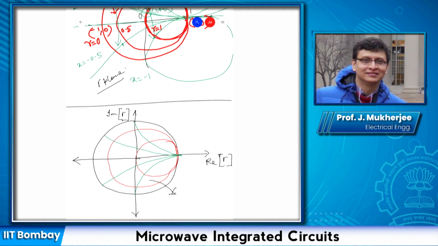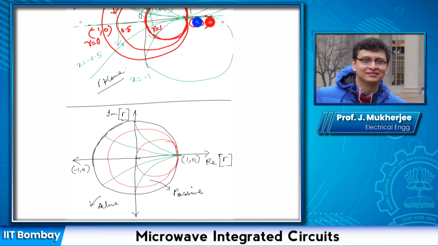The boundary of this outer circle is the boundary. Again, on the gamma plane, this point corresponds to minus 1, 0. This point corresponds to 1, 0. So all points within this unit circle, I shall be calling this circle the unit circle, correspond to passive impedances, and all points outside this circle correspond to active.